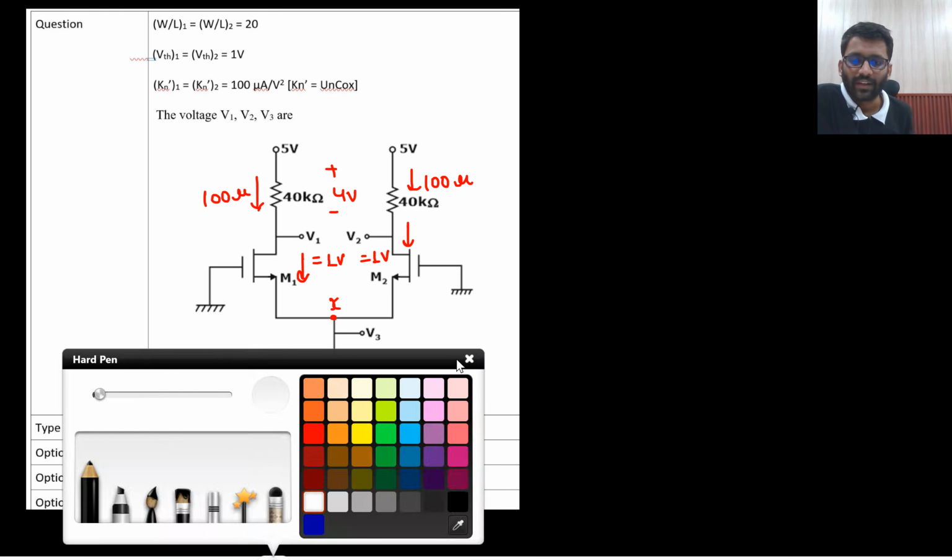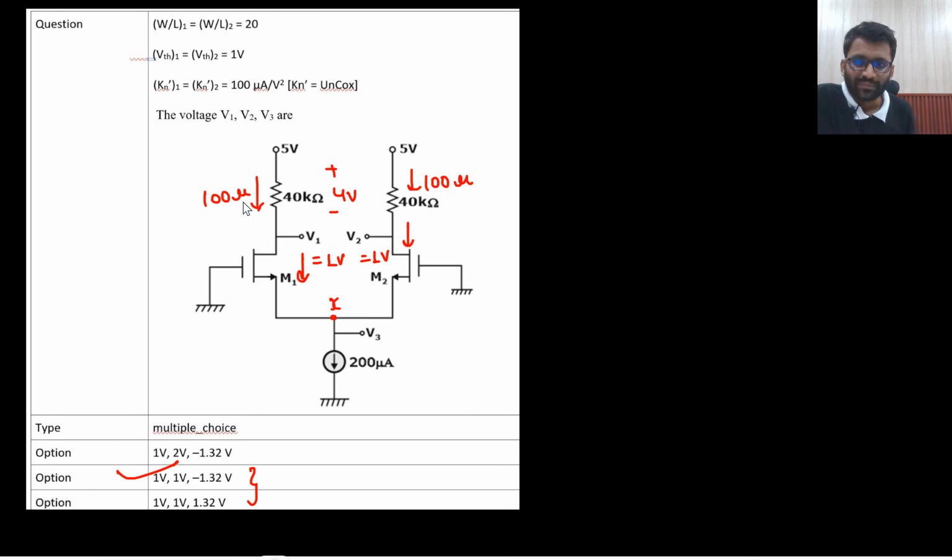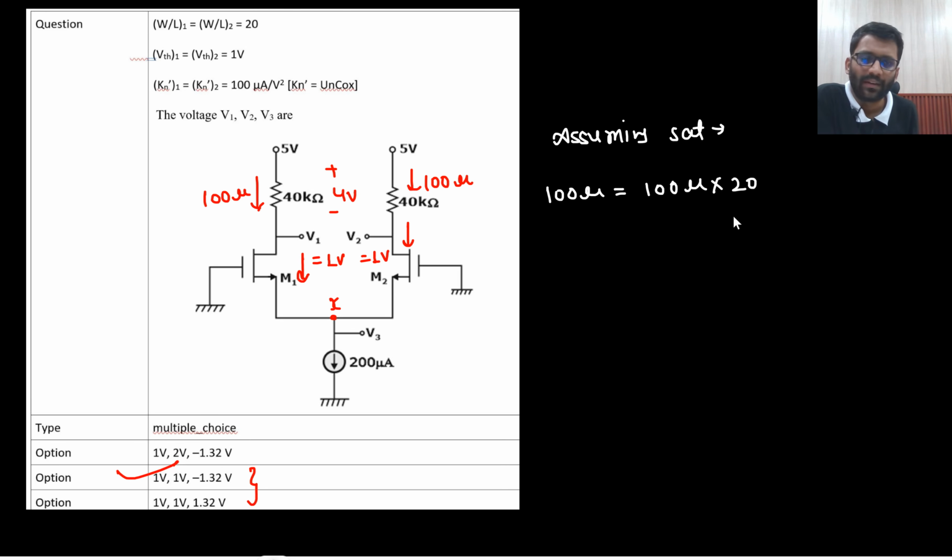Or what you can do, you can simply assume a potential here. Basically, you can find the value. How will you find the value? How much current is flowing here? 100 micro. What region of operation will you assume? Assuming saturation, 100 micro current is flowing, that would be equal to mu n Cox, that is 100 micro, into W by L by 2, into (VGS minus VT) whole square.